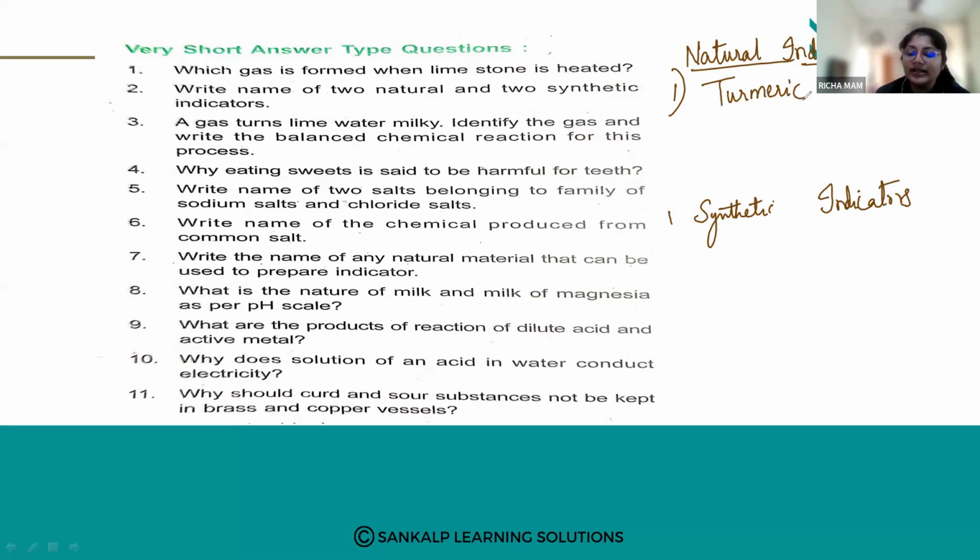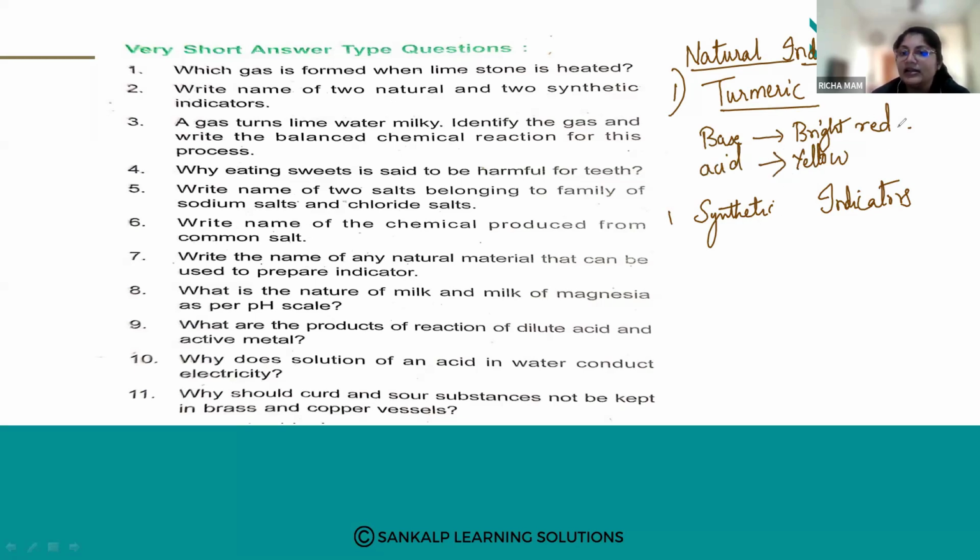Turmeric is a natural indicator. It turns bright red when you expose it to bases. So when you have a base, it will turn bright red, and it will turn yellow when it is acidic in nature.